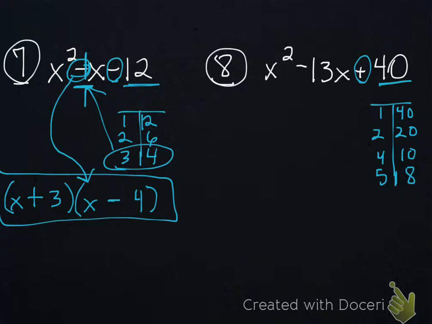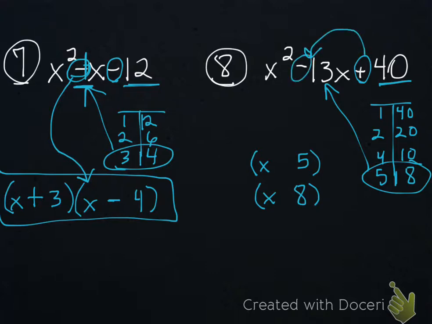Which pair adds to give me 13? That would be 5 and 8. They give me 13. So I write my binomials. X is at the front, numbers at the end, 5 and 8. The 40 is positive, so they're both going to get the same sign as the middle, which is a negative. So I have x minus 5 and x minus 8.